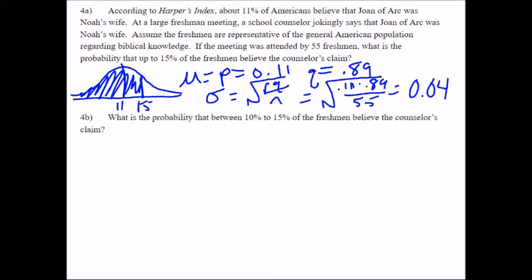And then we should probably take into account, are we going to do continuity correction? Probably. So the continuity correction would be 0.5 divided by the 0.15. That doesn't seem right.